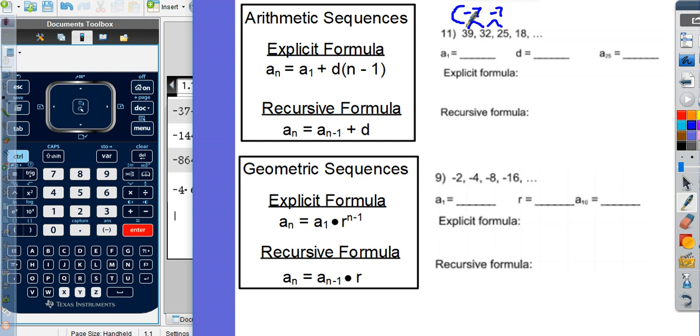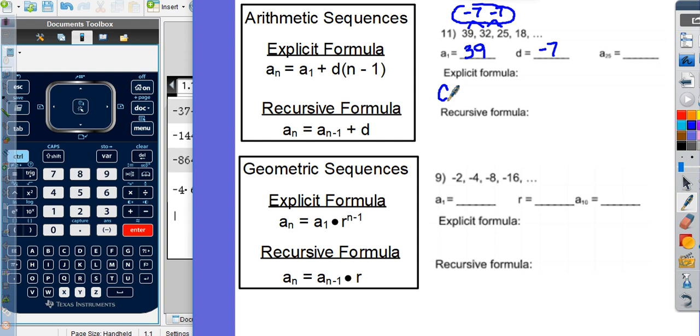This becomes my difference. That's negative 7 right there. That's what we mean by the difference. A sub 1 is going to be my very first term, so whatever number is listed first, that's my first term. Now, this looks almost exactly like what we were given before, except we had to find it this time. So now we'll go find our explicit formula.